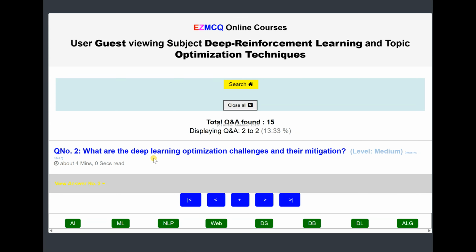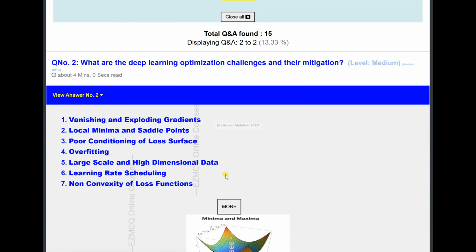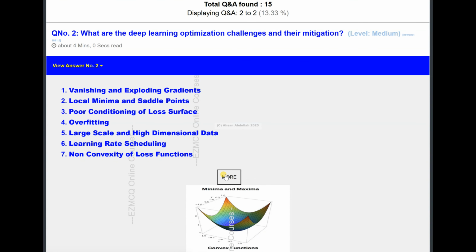and that is, what are the deep learning optimization challenges and their mitigation? So what are the challenges? Okay, let's look at this. So we have these challenges, right? And I will go through all of those challenges. So basically, deep learning optimization is a critical aspect of training neural networks.